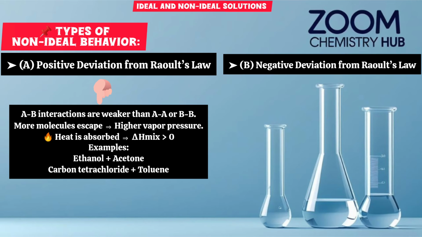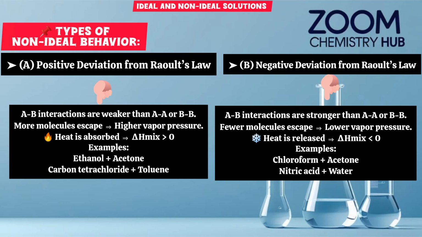Next type of non-ideal behavior, that is the negative deviation from Raoult's law. In the negative deviations, the interaction of AB is stronger than the interaction of AA or BB. So fewer molecules escape from the surface of the solution, which leads to lower vapor pressure.